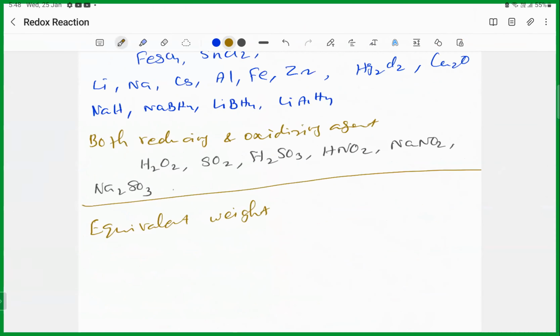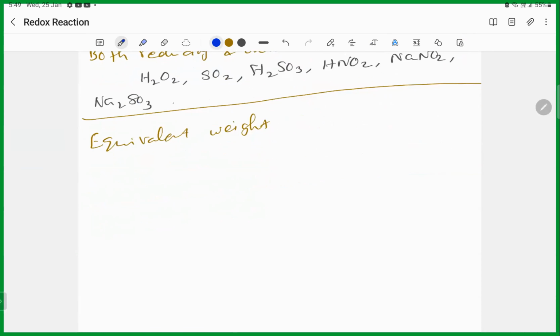So how do we calculate the equivalent weight of oxidizing and reducing agents? Divide the molecular weight by how many electrons get transferred. That is known as equivalent weight: molecular weight divided by number of electrons.